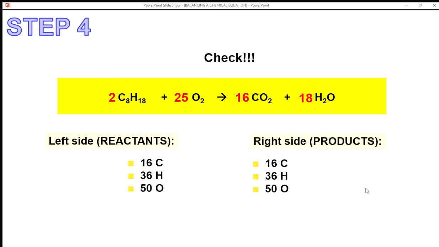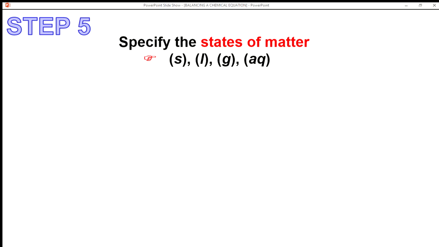So the equation is balanced. Good. This is what we call step 4. We must check both sides to make sure that both sides are balanced. And the final step is step 5.